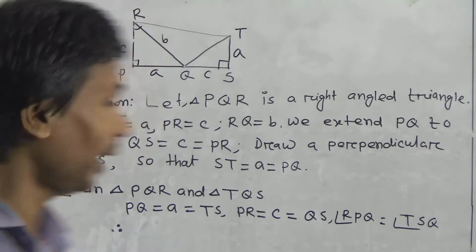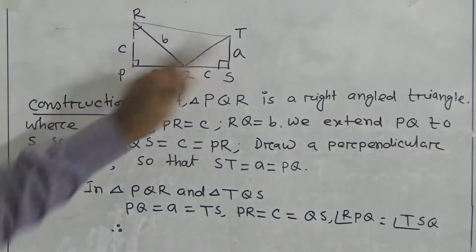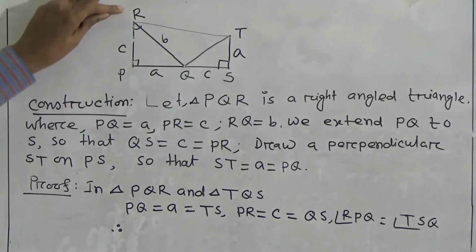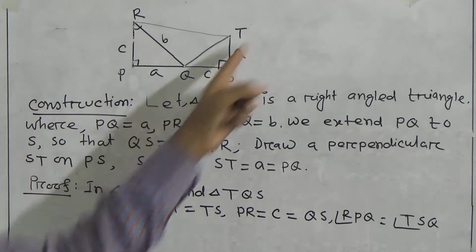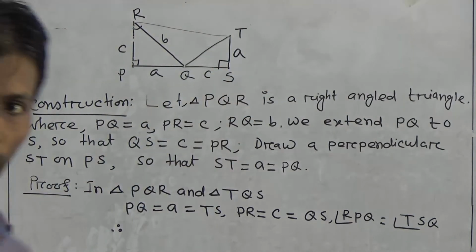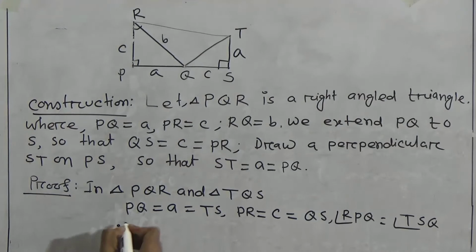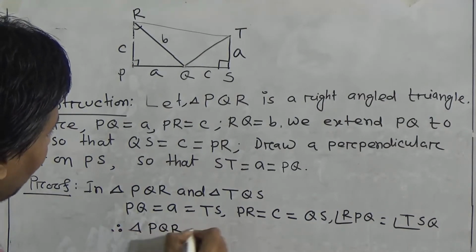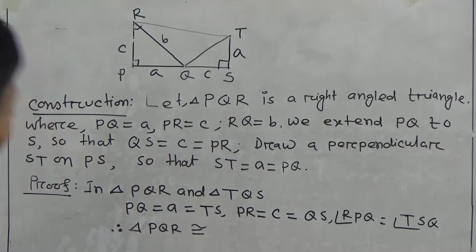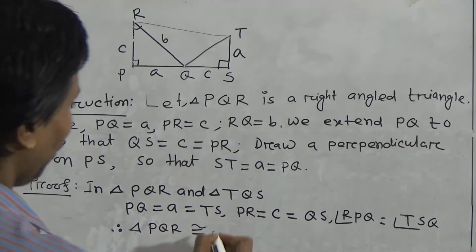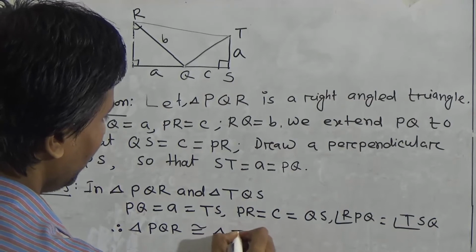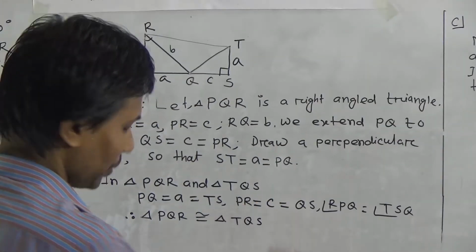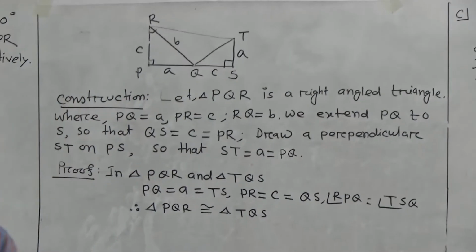Therefore, we can say that these two triangles are congruent. That means PRQ and QTS, these two triangles are congruent. Therefore, PQR congruent QTS or TQS. Okay, dear student.